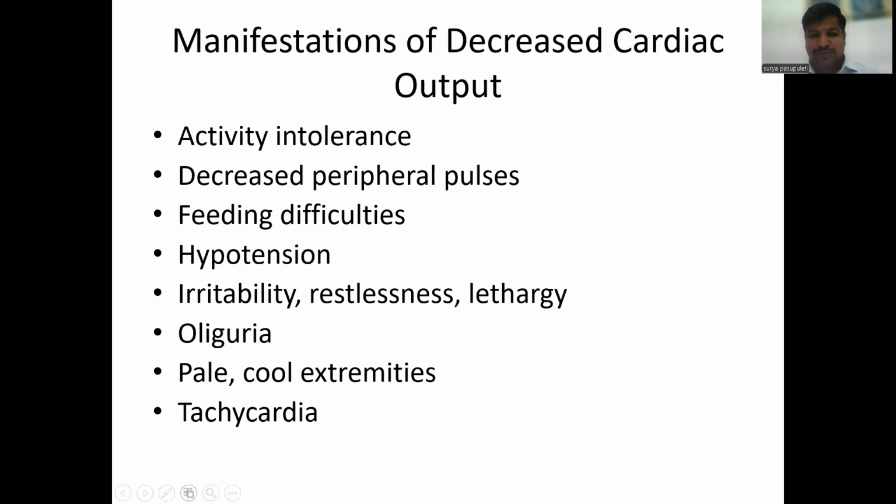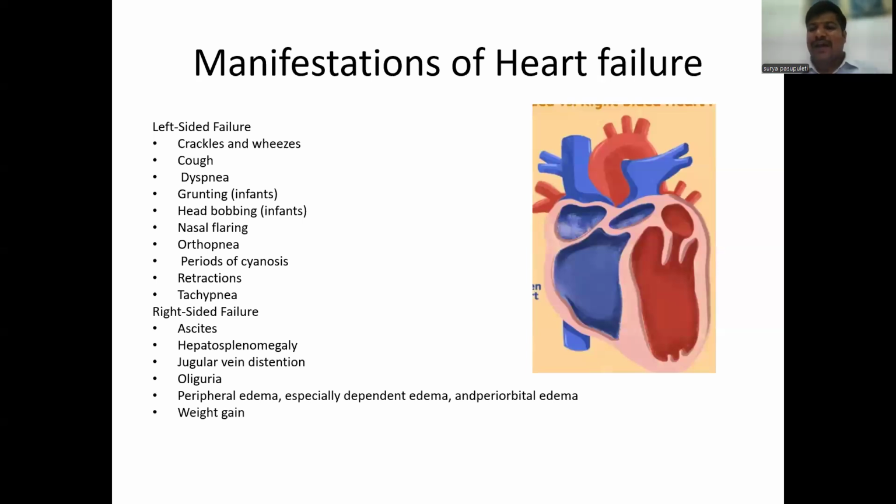That leads to cool extremities, and the extremities will become pale. As a compensatory mechanism for the decreased cardiac output, the heart tends to beat fast. So that leads to tachycardia. And these congenital heart defects will be manifested as heart failure.